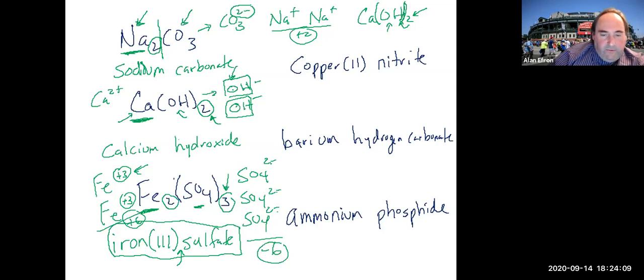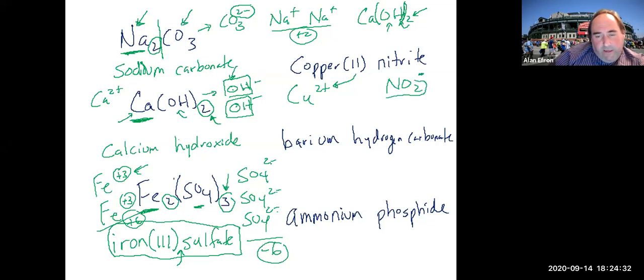Now, when we do have the name and we want the formula, we want to work our way backwards like we sort of done before. So copper Roman numeral 2 automatically tells me I have a copper with a +2 charge. Nitrite is one of those polyatomic ions from that table, and if you look at it, it is NO2 minus.